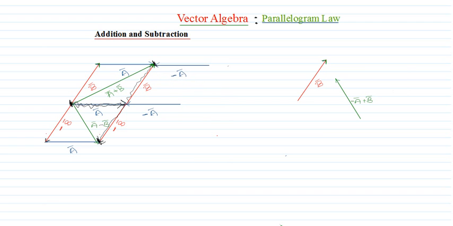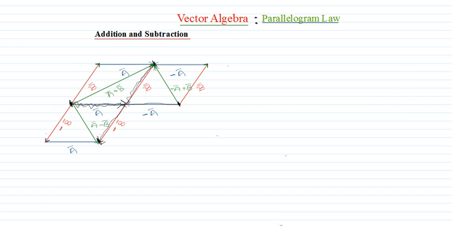To construct the parallelogram, again I'm just joining minus a vector and b vector to get a parallelogram here like this. Now we have to get minus a plus b. So for that, this is my minus a vector and this is my plus b vector. So join the line from tail of minus a vector to the tip of vector b. So that will give me this vector. This is going to be minus a plus b.